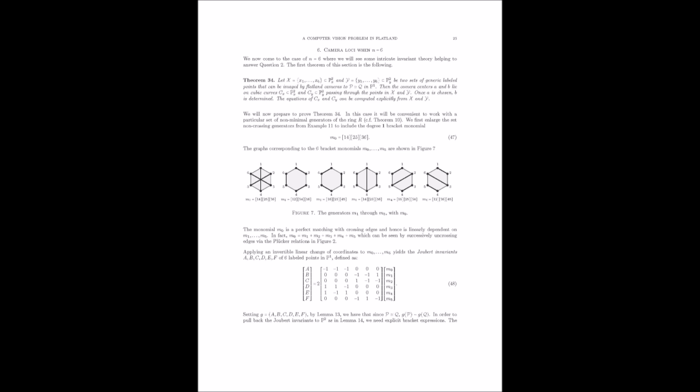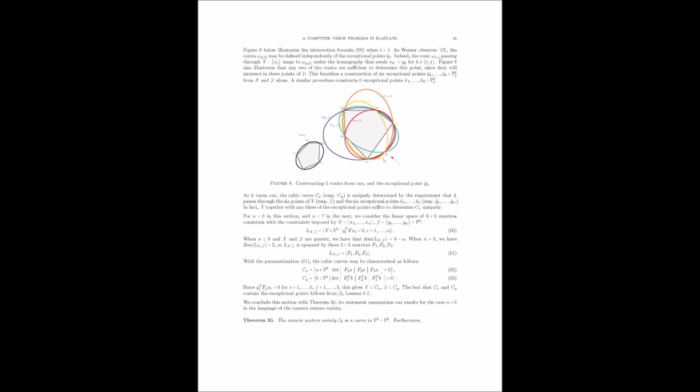Wow. We can only have solutions to our problem for up to 7 points. Beyond that, the geometry says no. That leads us to Corollary 18, which states that for n greater than or equal to 8, there's no camera pair that can project our sets onto the same image. 8 or more, and it's game over. Exactly. No matching images. That's a pretty powerful constraint.